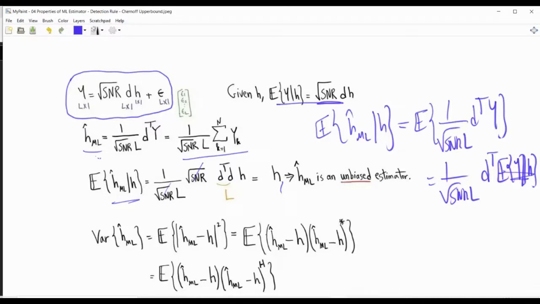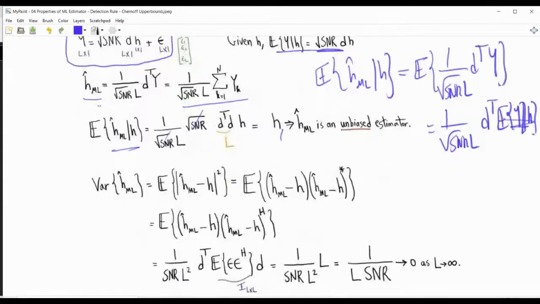Okay, so you know this from a previous course, that if your estimator has a mean value that is equal to the parameter to be estimated, then we call our estimator an unbiased estimator.